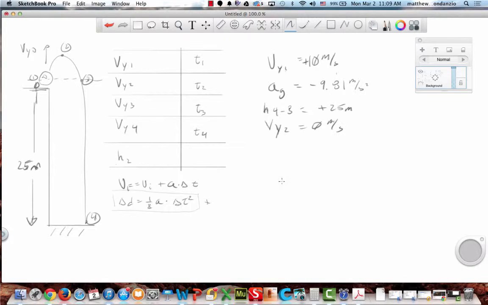Because again, when we think about velocity versus time, the change of distance is here under the curve. But if it's up here, there's a rectangle portion plus the triangle portion, because you're going to be traveling a certain amount of distance at that initial velocity as well.